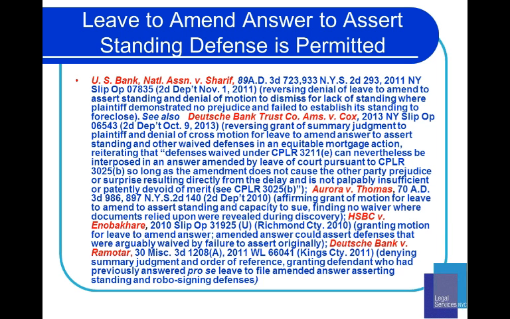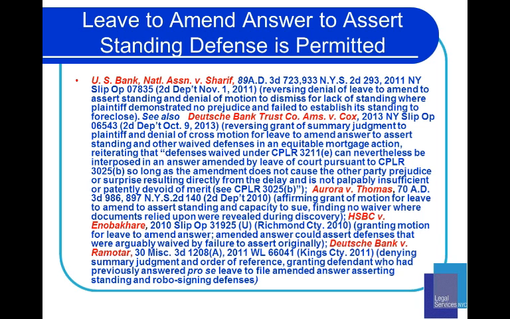But here's another avenue of relief available, at least in some cases. It's very clear that if there's been an answer put in that failed to assert standing, you can make a motion for leave to amend that answer to assert standing.